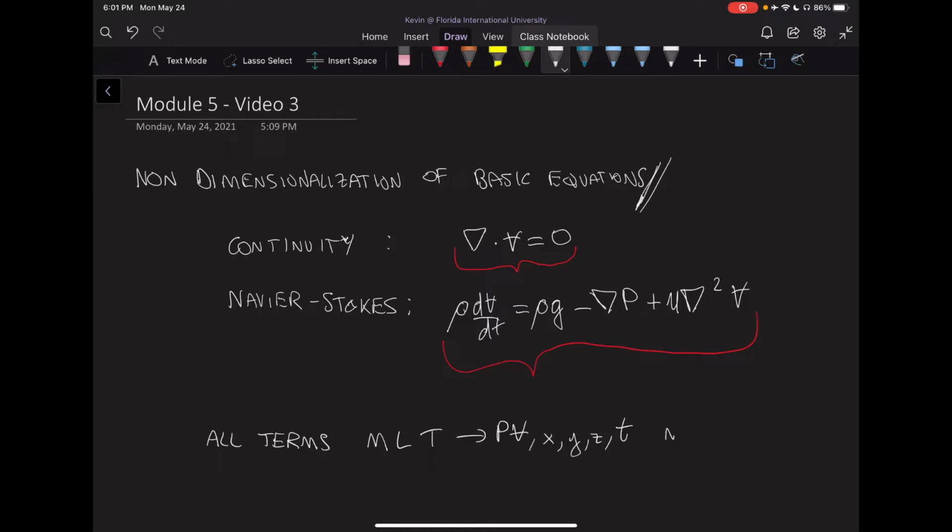Okay, so we're going to non-dimensionalize by using the term for density and two other constants which we're going to define.